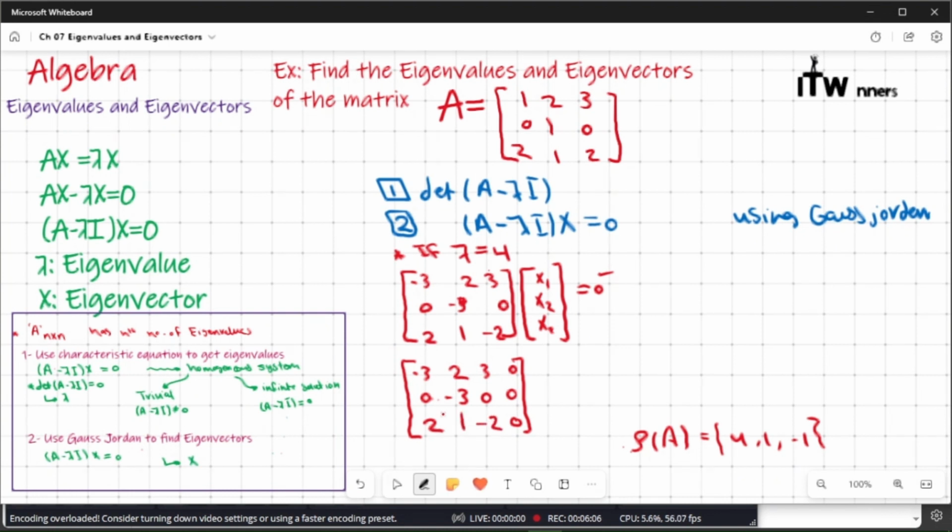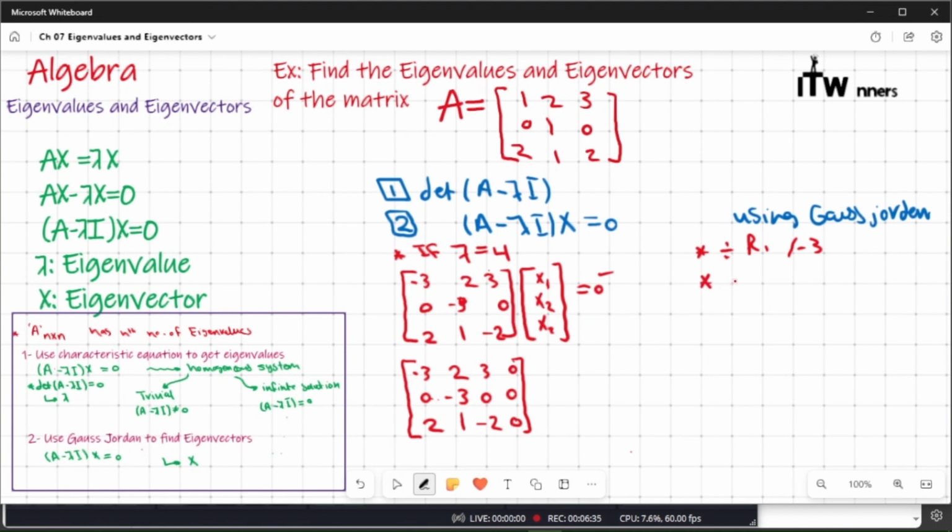The first operation is to divide the first row by negative 3.